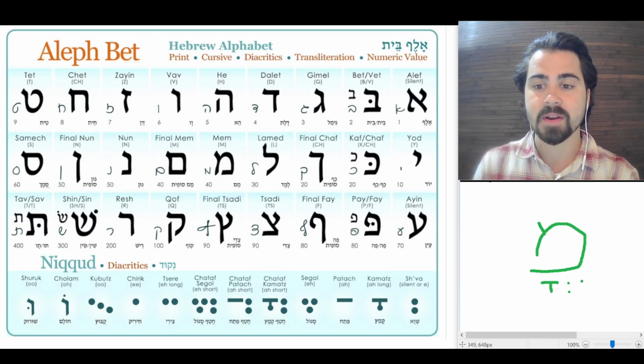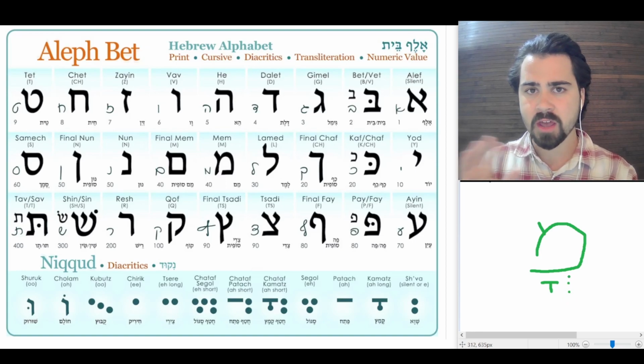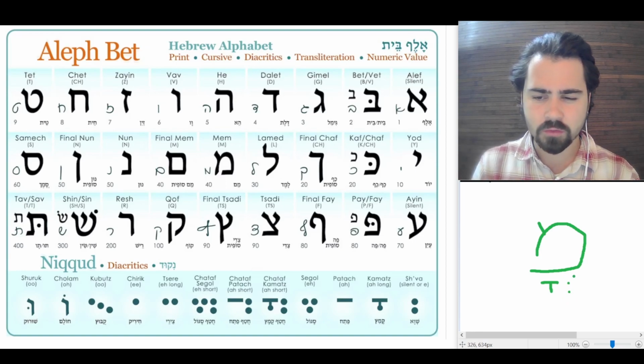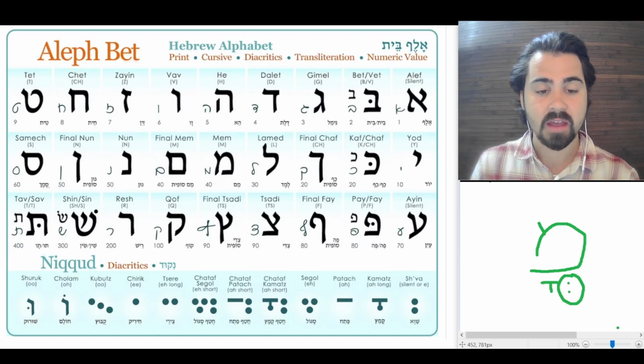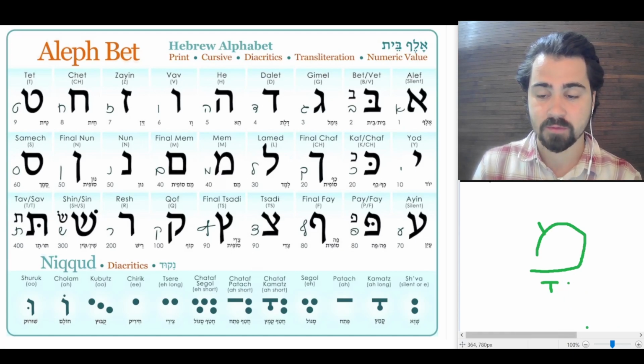If you see a combination of nikud that you don't recognize, try to look if on the right you have the shva, and if that's the case, you can disregard it. Here we have a few examples of this, right? So we have the shva with a kamatz called chataf kamatz, and this is ma.